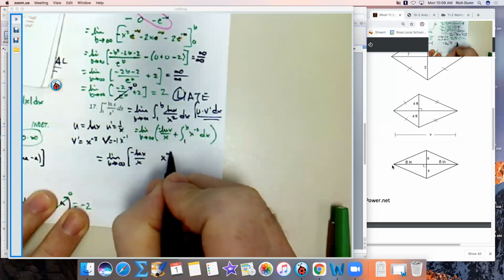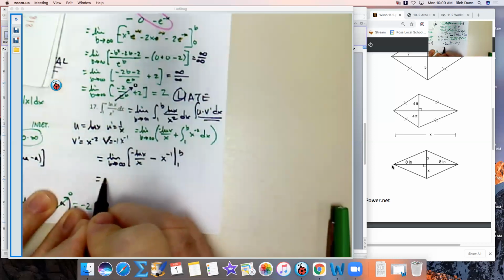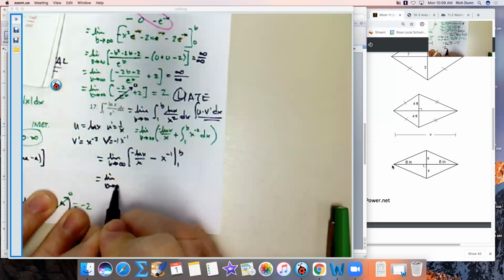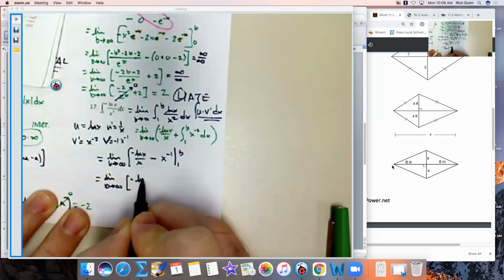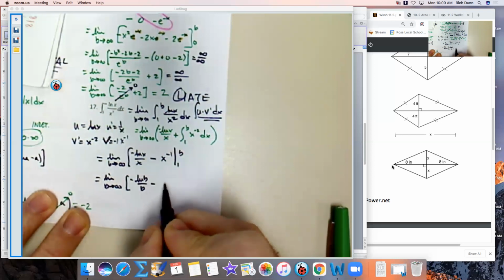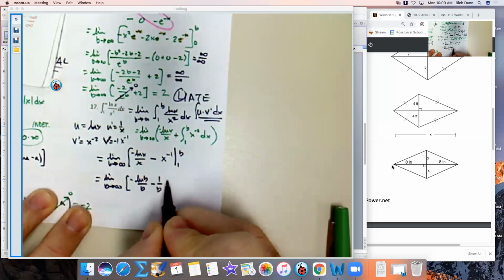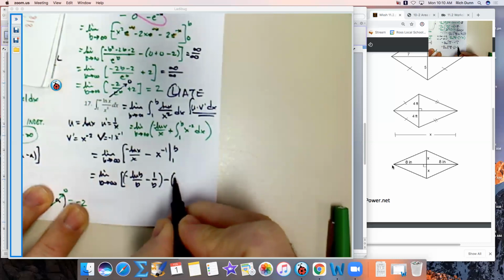Add 1, multiply by the reciprocal, and evaluate from 1 to b. The limit as b goes to infinity of negative natural log of b over b minus 1 over b, and then we'll have to subtract the natural log of 1 over 1.